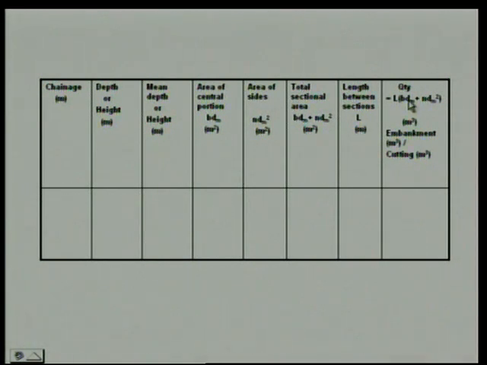The quantity is the total sectional area multiplied by L, either in embankment or in cutting. Now, let us solve a simple problem to compute the volume of earthwork by using the mid-sectional method.